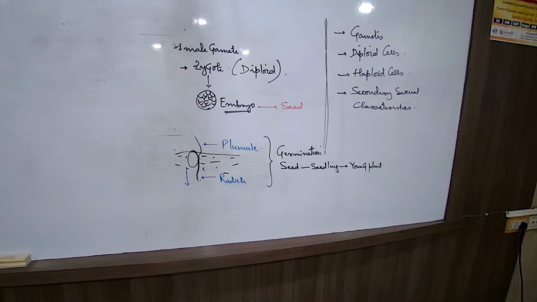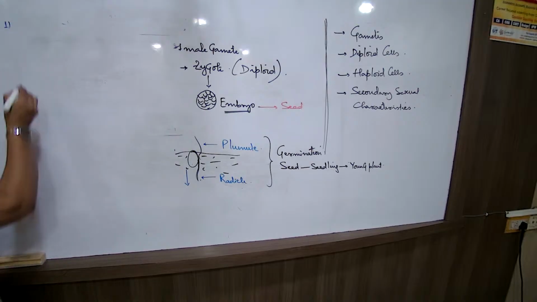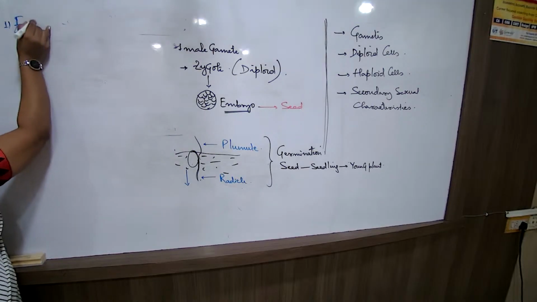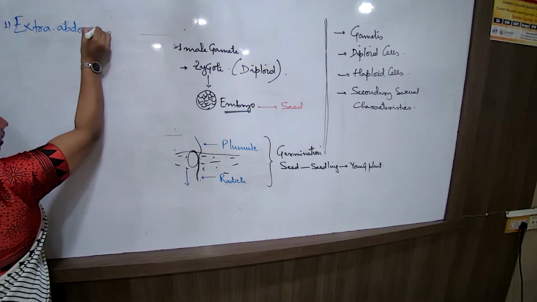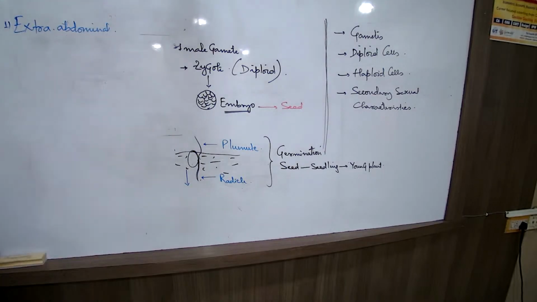What are the functions? Testes, certain features. Testes is something that you are to remember in detail. The first concepts about testes that we are talking about. Number 1, the testis is extra-abdominal. Now we have to understand what is the meaning of this word.